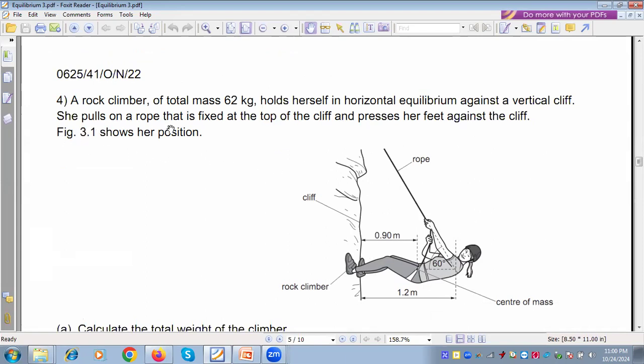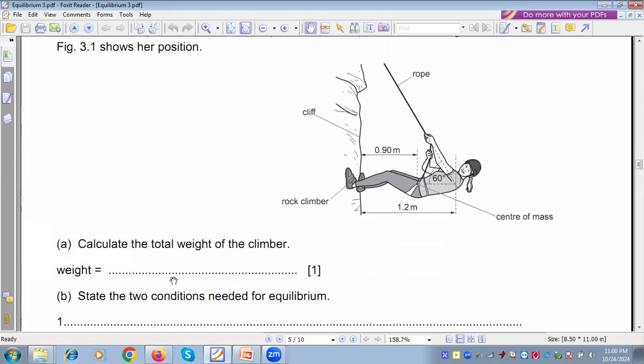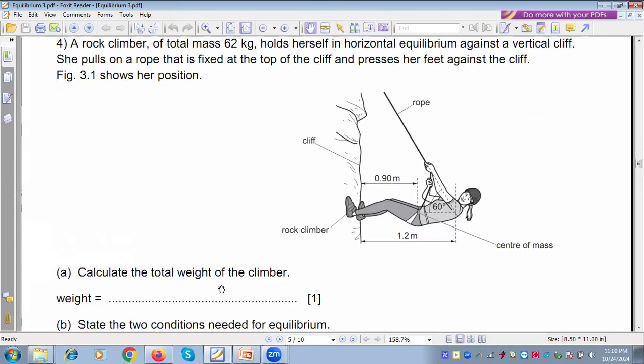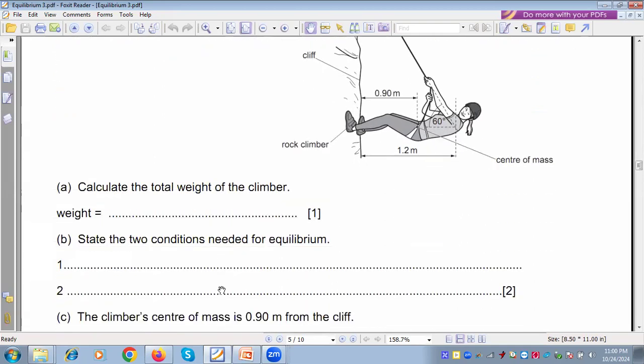She pulls a rope that is fixed at the top of the cliff and presses her feet against the cliff, as shown in the figure. Calculate the total weight of the climber. If you take g equals to 10, that will come 620 Newton. And state two conditions needed for the equilibrium. That is, resultant force should be 0 and total clockwise moment will be equal to anti-clockwise moment.